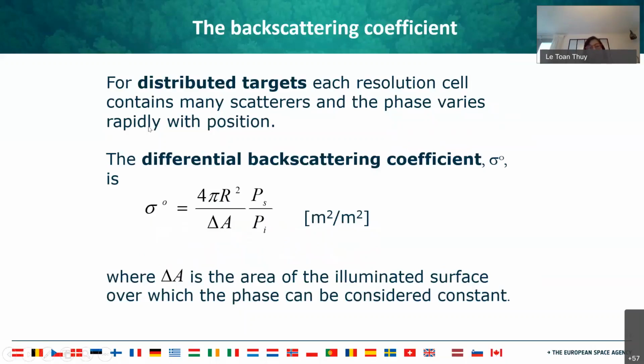And so there's another definition, the differential backscattering coefficient, sigma 0, which is the radar cross-section divided by the area of the illuminated surface, over which you can consider that the phase remains constant. So this is the formula for the radar backscattering coefficient.